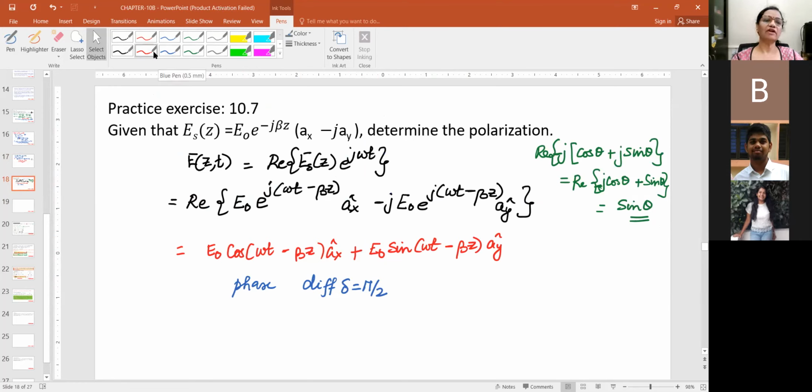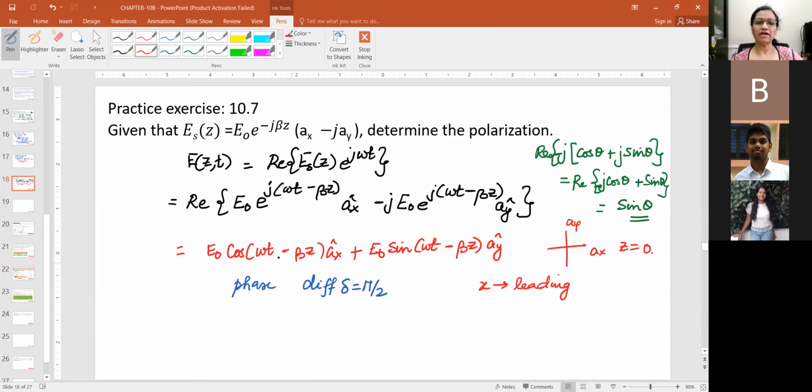Which is leading, X is leading or Y is leading? X is leading. If X is leading, it is left. Just draw it here and see, Ax, Ay at z equal to 0.